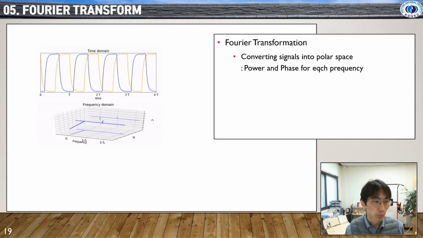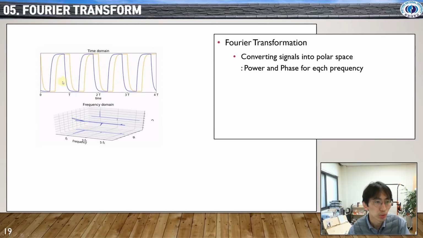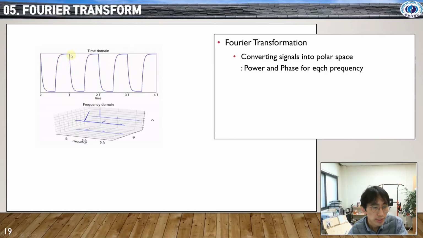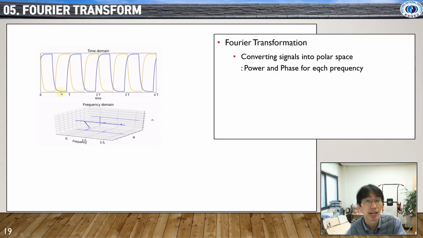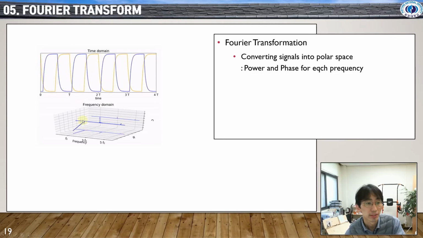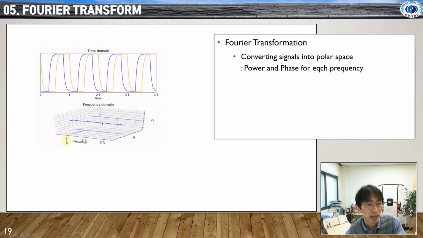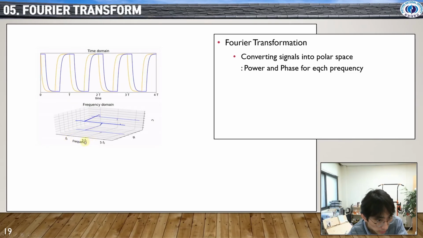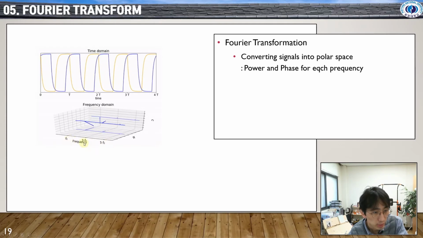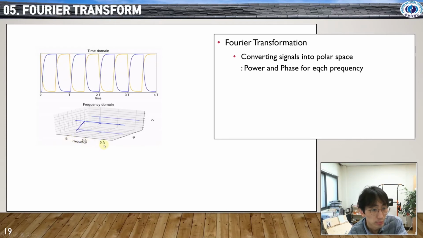So let's assume that this signal can be expressed with three types of frequency signal. We say F0, F1, F2.